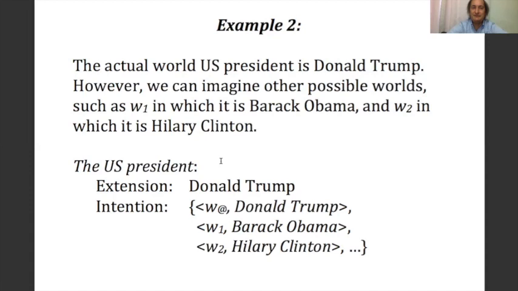So the extension of the expression, the US president in 2020, is Donald Trump. And the intension pairs worlds with whoever happens to be the US president in 2020 in that world. In the actual world, it's Donald Trump. It pairs W1 with Barack Obama. It pairs W2 with Hillary Clinton, and so on and so on.